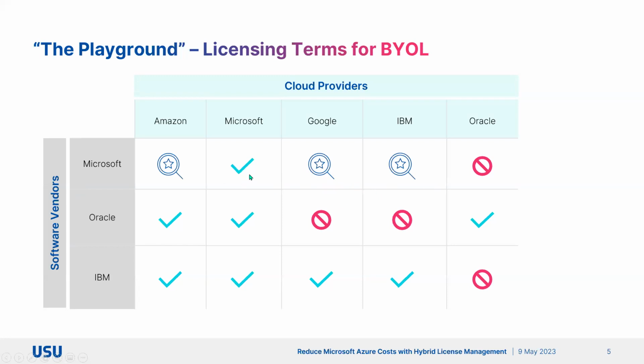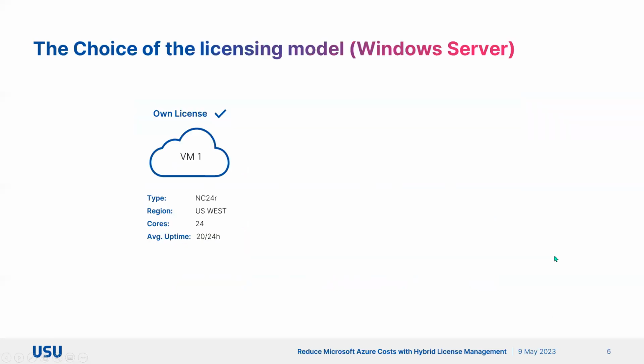There are more and more alliances between software vendors and cloud providers that allow using own licenses here and there. Partly you have to declare that and so on. But it's important to see that there are special licensing rules in this game.